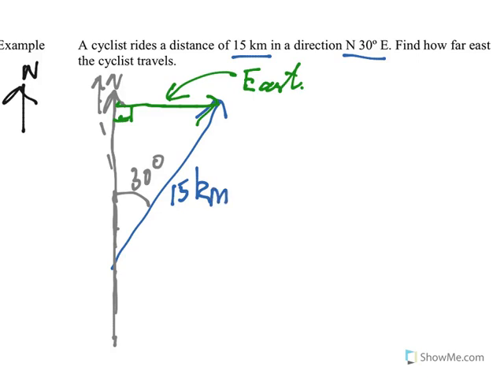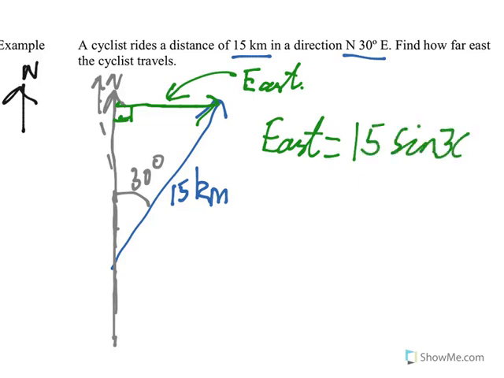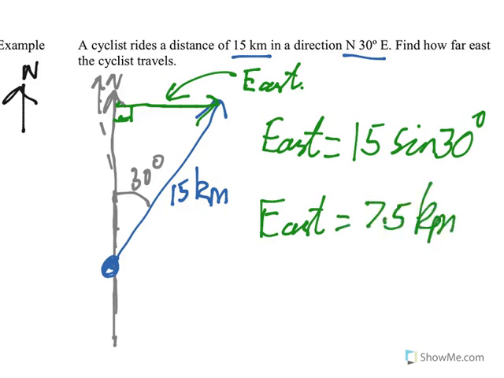Opposite and hypotenuse would be sine. So the east component is simply 15 sine 30 degrees. The easterly component, or the distance east from the starting point, is 7.5 kilometres. There's one example.